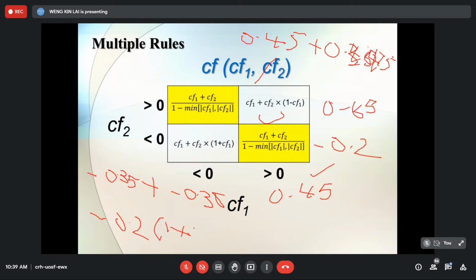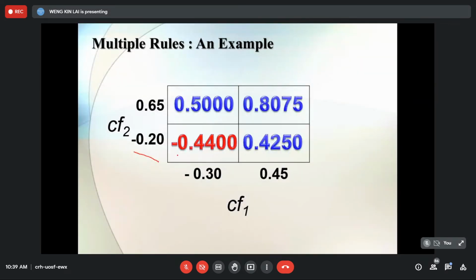So it's actually minus 0.35, so 1 minus 0.35 becomes 0.65. So 0.2 times 0.65, and then you minus this. So you should get minus 0.44.